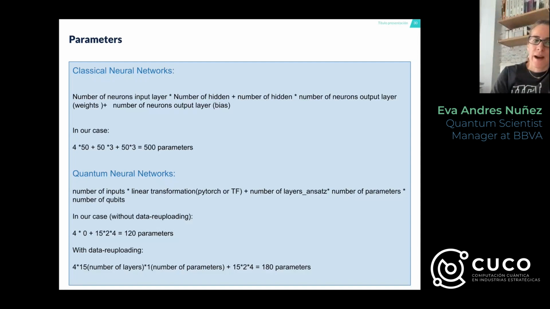So in total, we have 180 parameters. So we can check that the number of parameters in the quantum neural network is lower than in the classical one. So in this sense, these networks, this model, are more efficient and more compact.